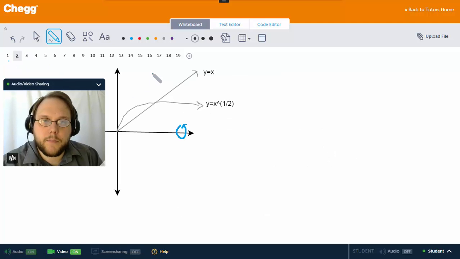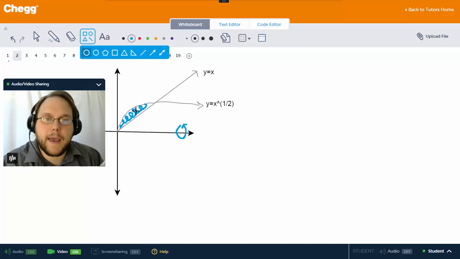So here I've got an example planned, and the area we're interested in is right here, between y equals x and y equals the square root of x, and we're going to rotate it around the x-axis. If we take cross-sections perpendicular to the x-axis, what do we get?